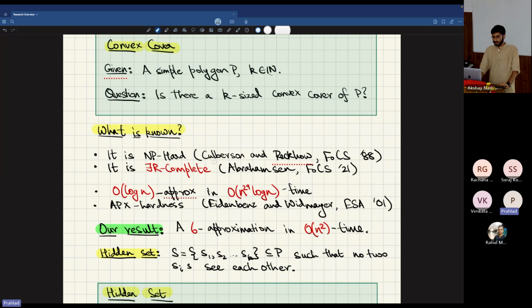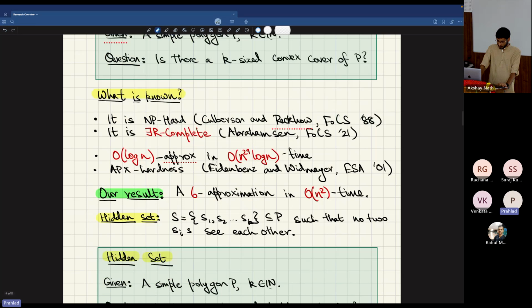But then it becomes very complicated. It's one of Chazelle's long drawn papers. And there is also a very simple 4-approximation, which runs in linear time, which is taught in most introductory CG courses. So if you want convex partitioning, the problem becomes much simpler.